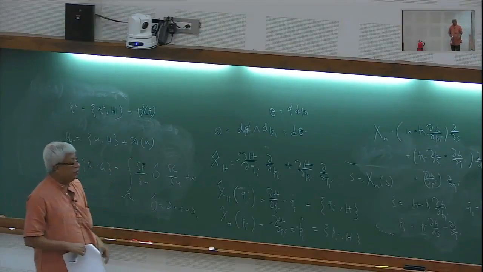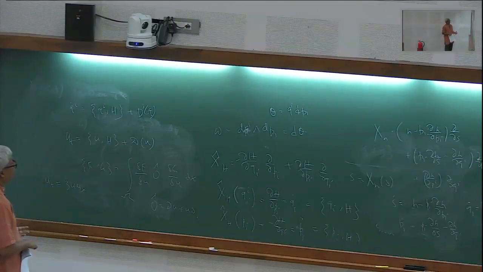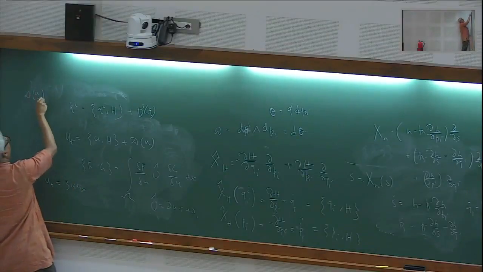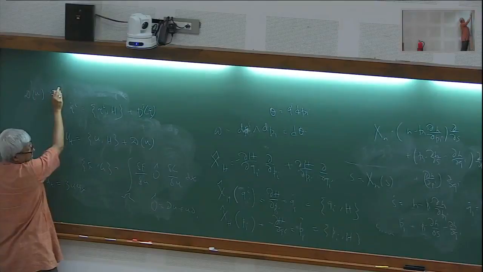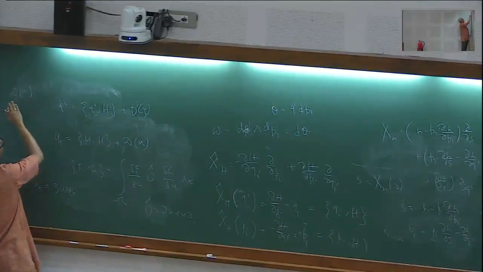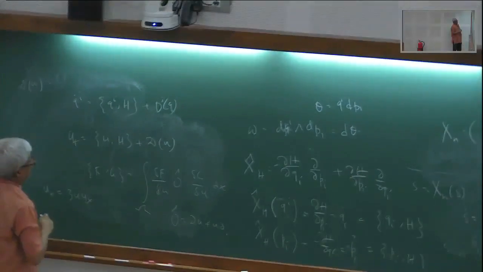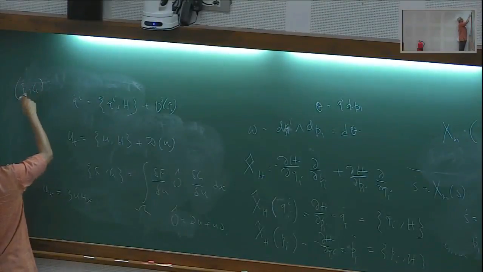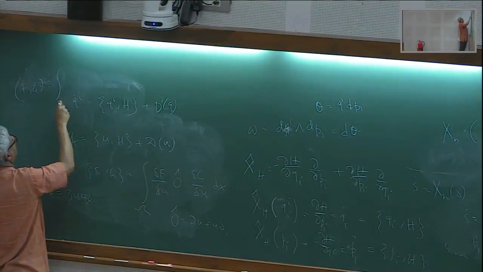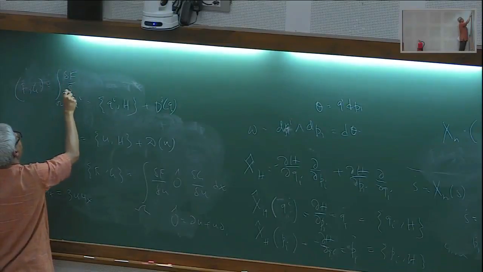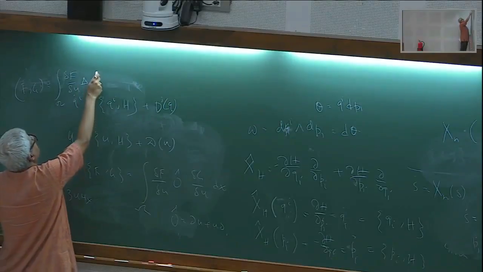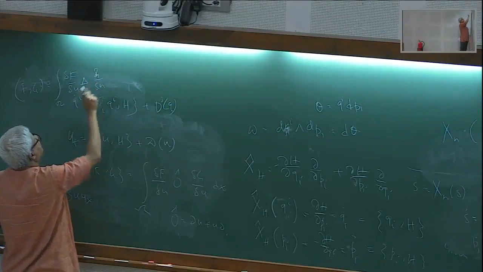Then du is another operator, which I defined in this form. So I can define, for example, f comma g, which is omega del f del u Laplacian del g del u.